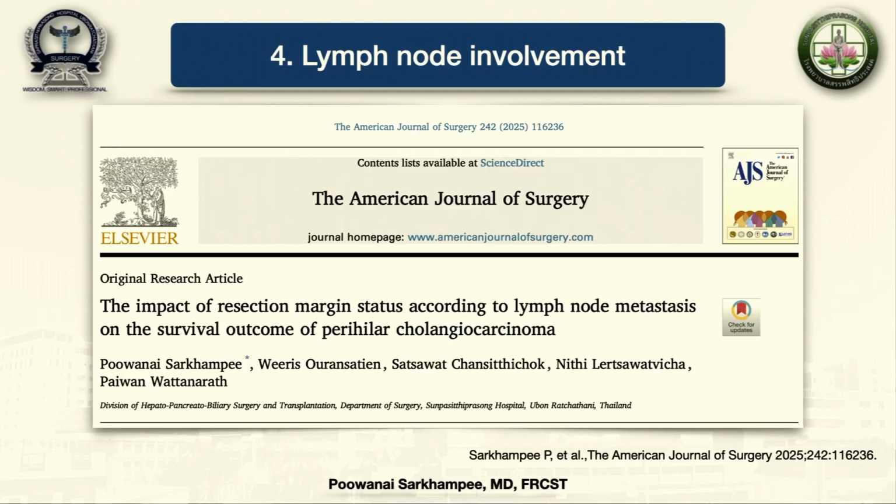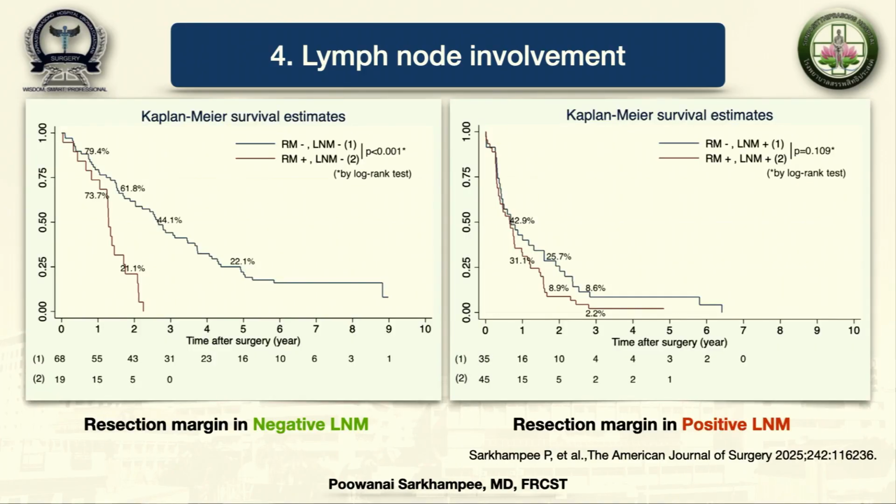So we analyzed the data and published this paper, and we found that for node negative, R0 and R1 differ in survival. But for node positive, R0 and R1 are not different.